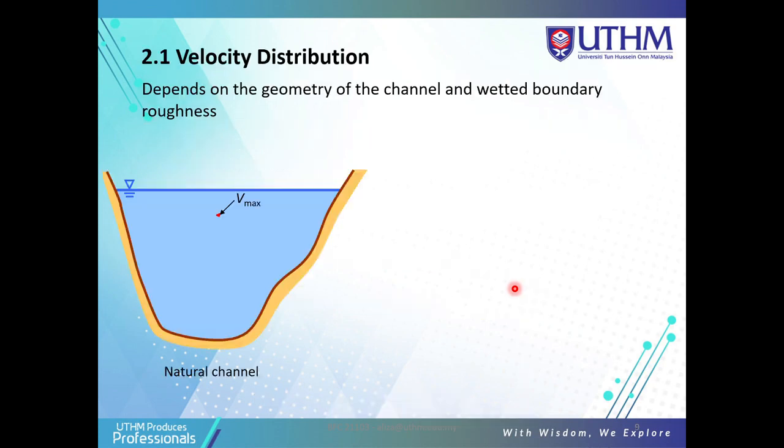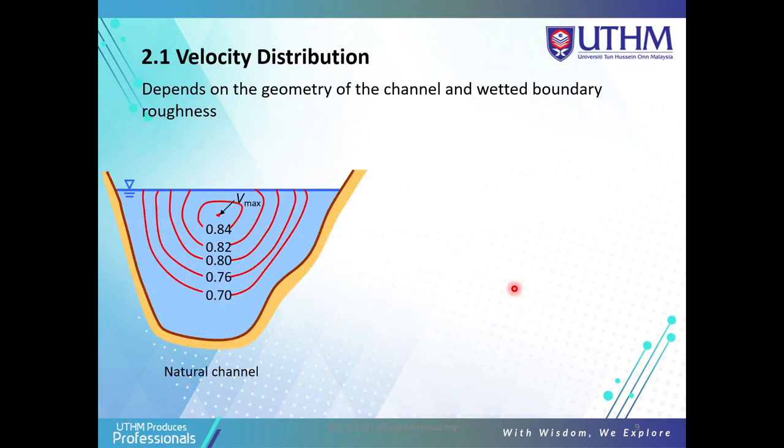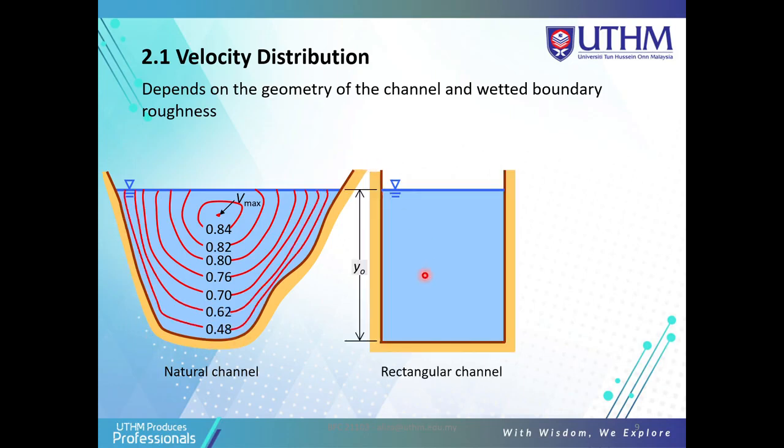Velocity distribution depends on the geometry of the channel and the wetted boundary roughness. This one is a natural channel, and this is a rectangular channel. It depends on the geometry of the channel and the wetted boundary, highlighted here in yellow, which is the wetted boundary roughness.